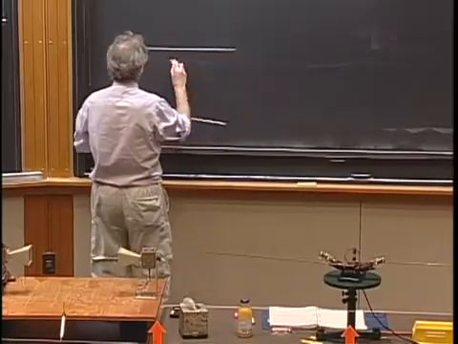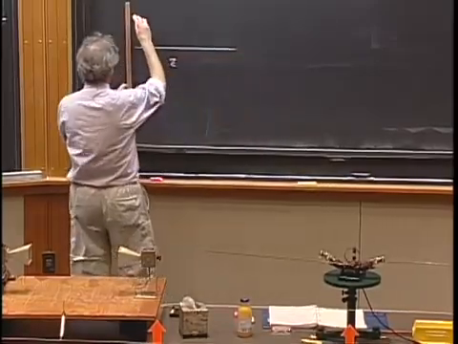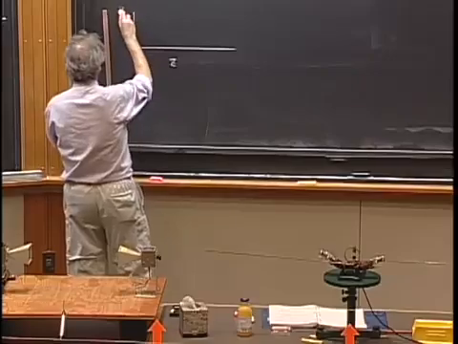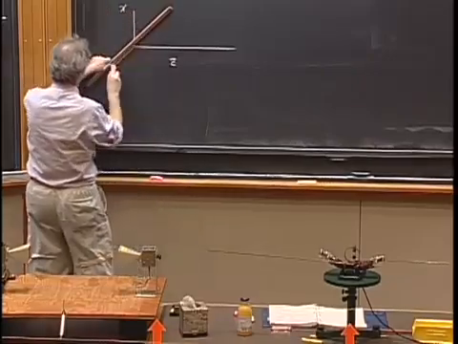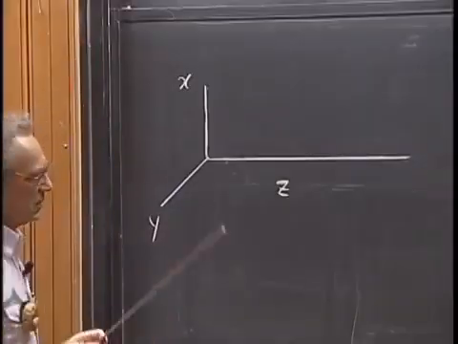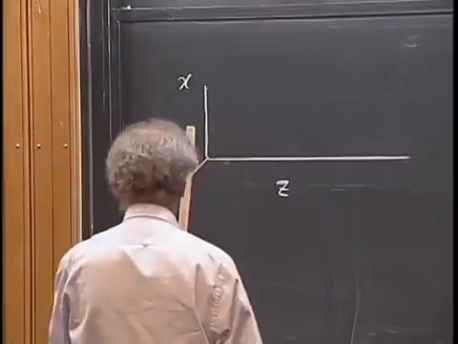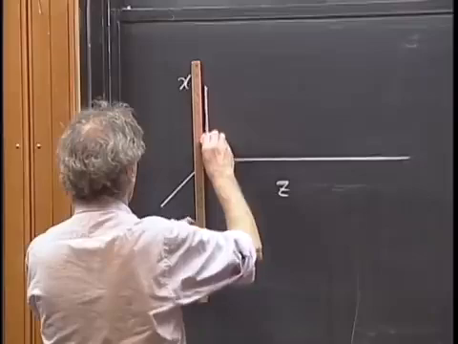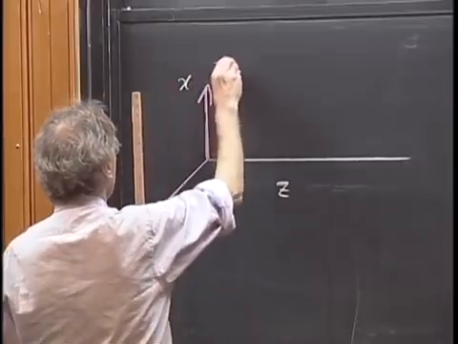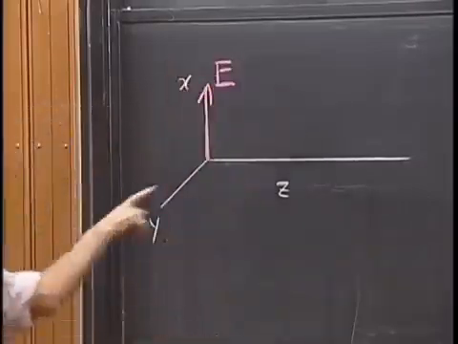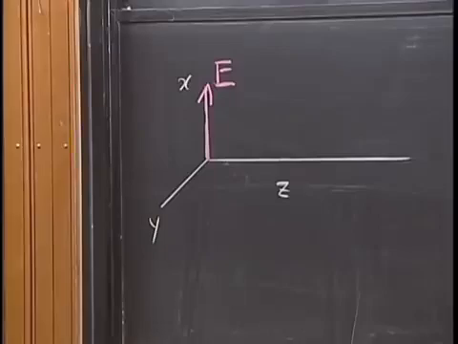This is my z direction. It's going to be a traveling wave. This is my x direction, and this is my y direction. So it only has an x component, and I'm going to make it move in the z direction.